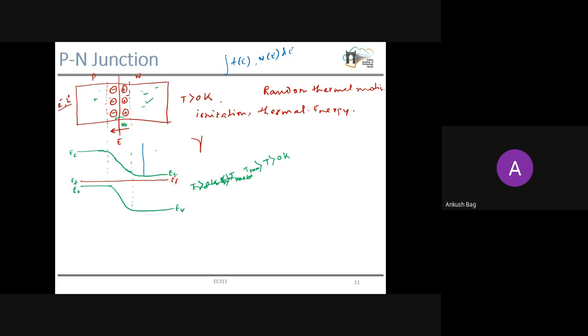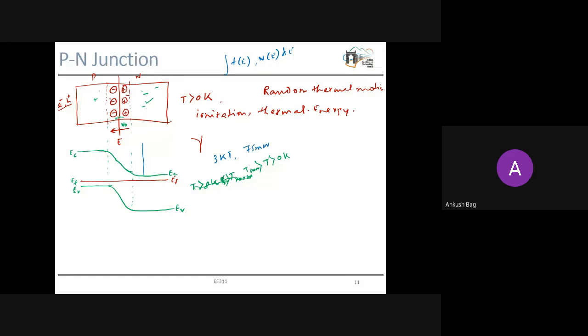Now, if we consider that our semiconductor is at relatively high temperature, 3 kT, then at room temperature this is around 75 millielectron volt.